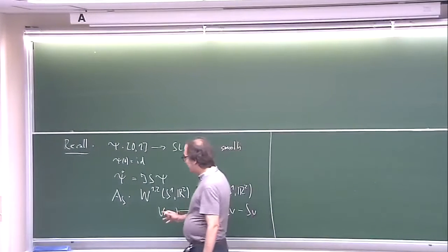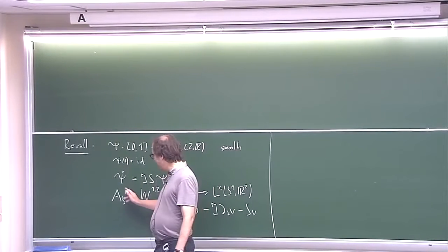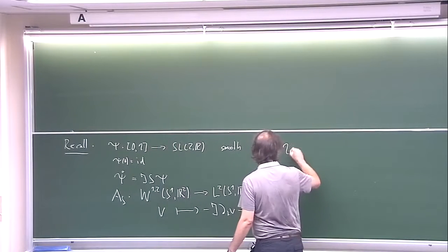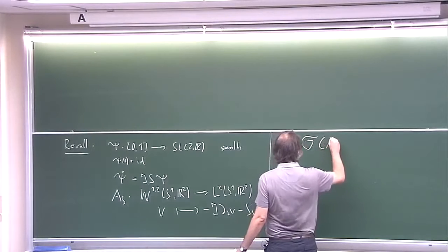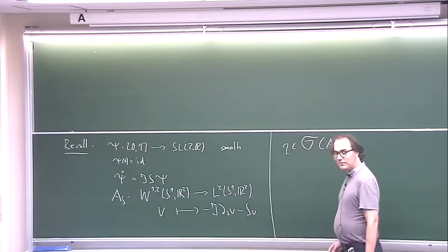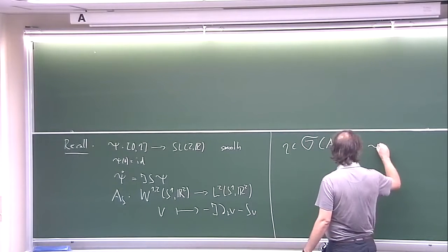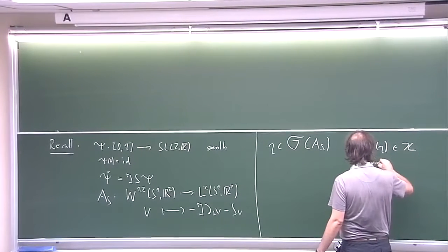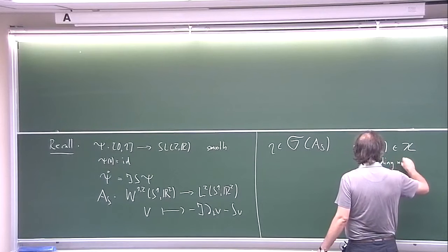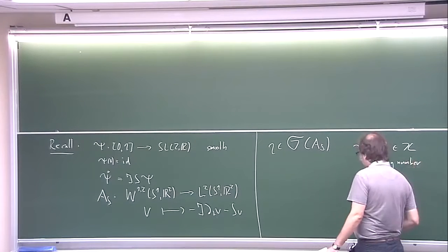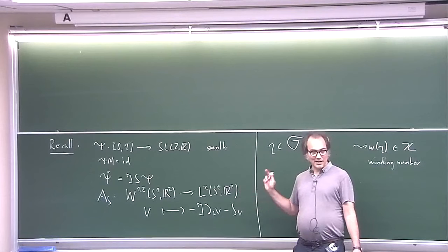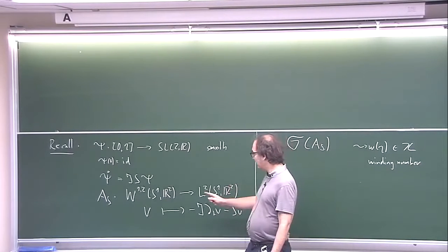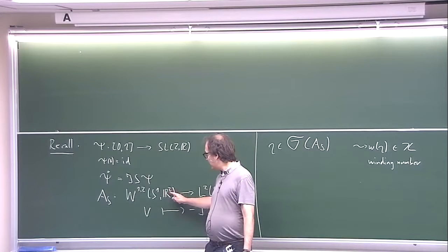we associated to the eigenvalues of this operator a winding number. So if η is an eigenvalue, then we associate to this V_η the winding number. We first associated the winding number to an eigenvector. An eigenvector is just a non-vanishing map to R^2.